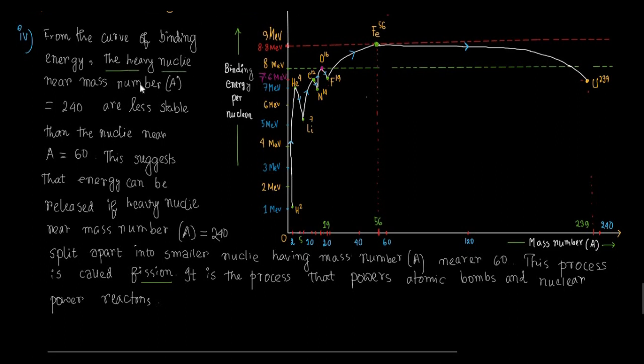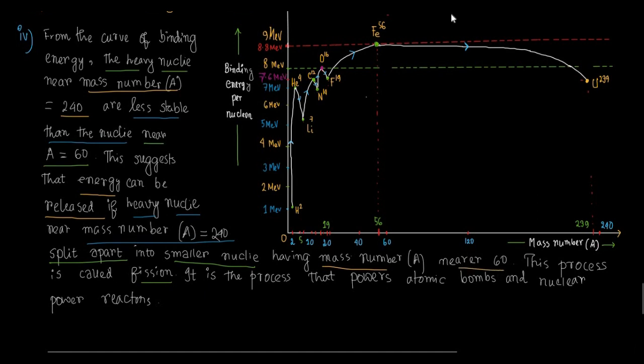Hence, heavy nuclei near mass number 240 are less stable than nuclei near mass number 60, and energy can be released if they split apart into smaller nuclei.